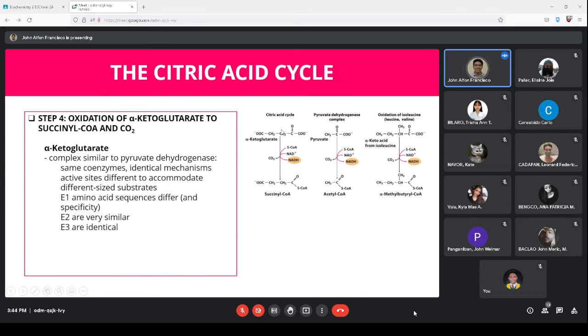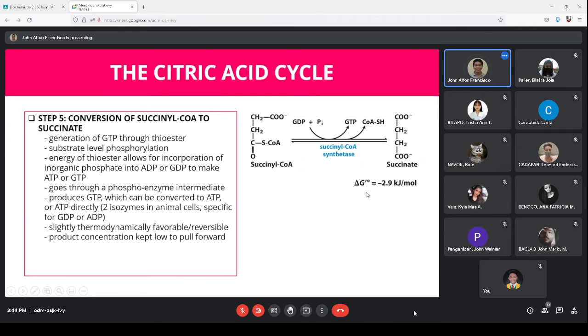So sa citric acid cycle, say alpha-ketoglutarate, you produce carbon dioxide, you use NAD plus to accept one of your protons, the same with the other dehydrogenases. Right? Next will be the step 5 or conversion of the succinyl-CoA to succinate.